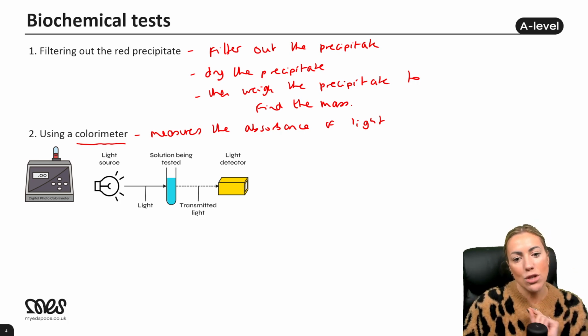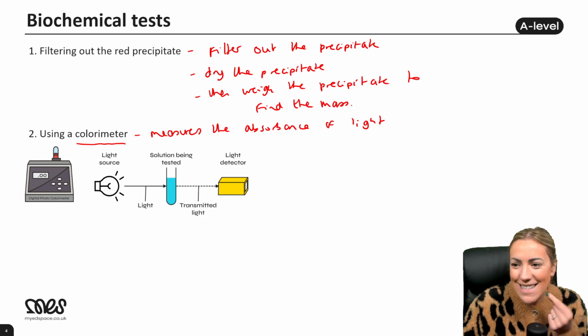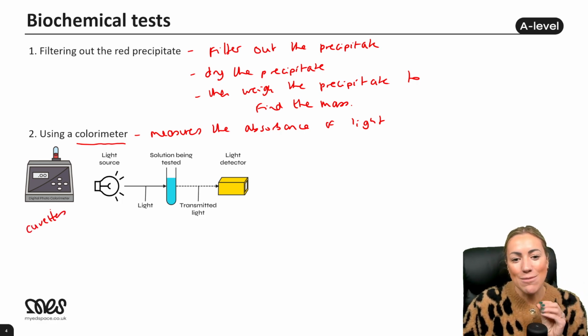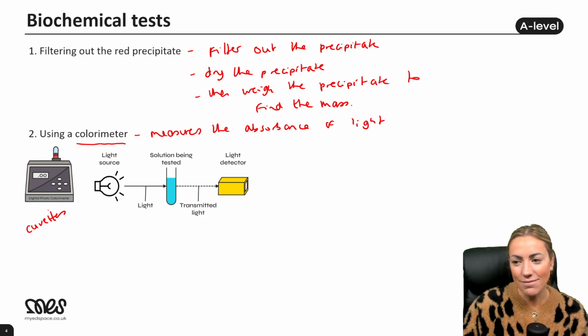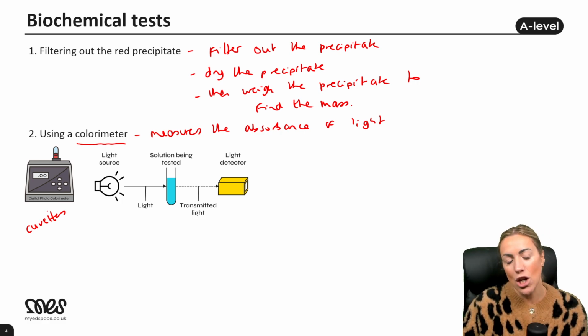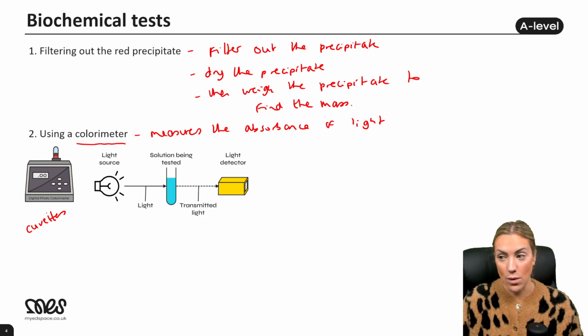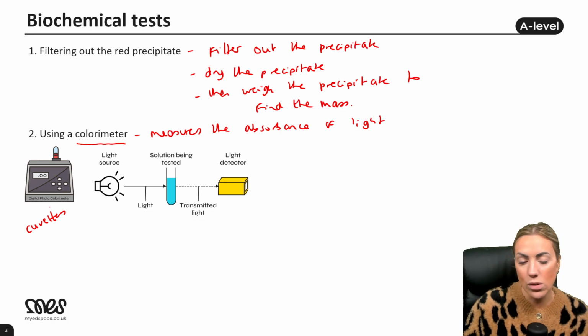You put your solution into one of those little cuvettes. I don't know whether you've seen them, they're quite cute. Cute little cuvettes, which are like little rectangular plastic containers. You put your solution to be tested into the cuvette, you put it into the colorimeter, and you can measure either the transmission or the absorbance of light by that solution. We tend to use the absorbance, or at least that's what I always used when I was teaching this in schools.